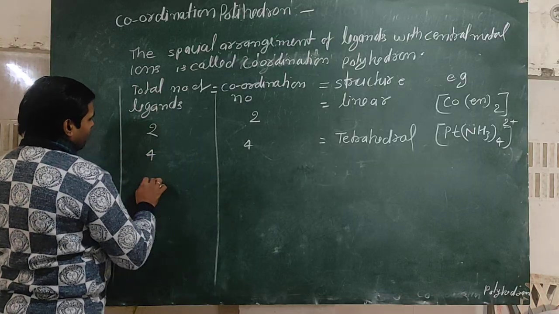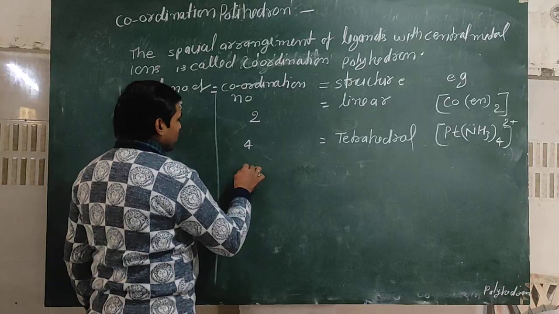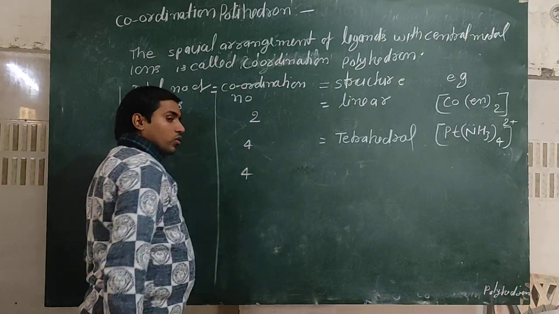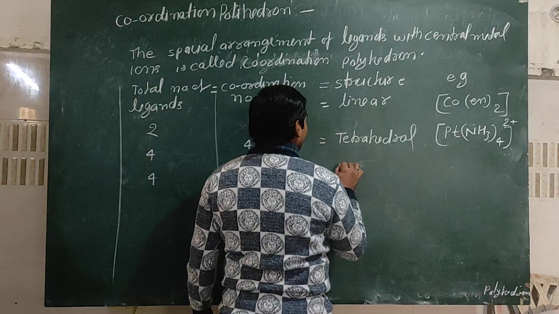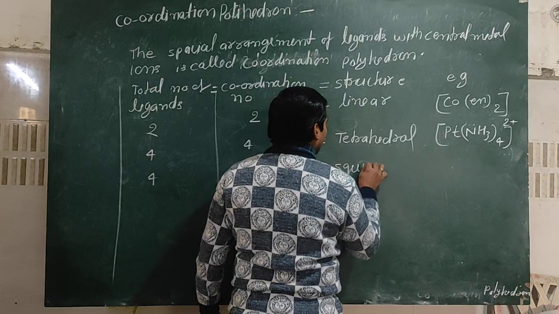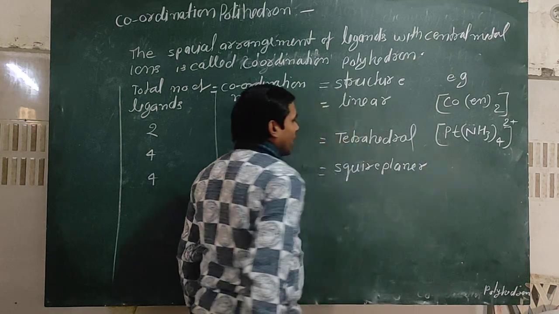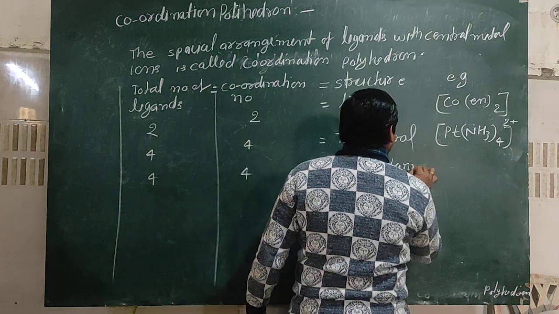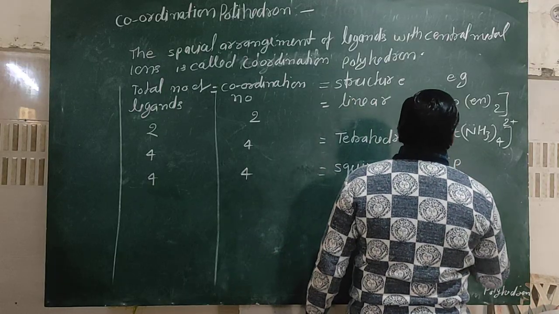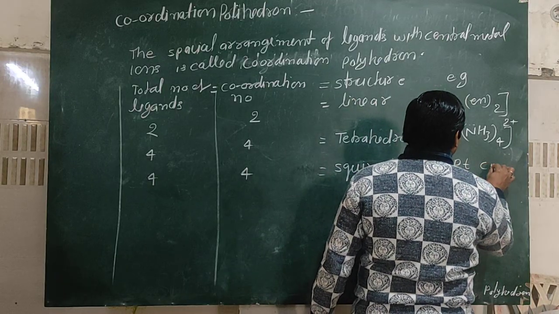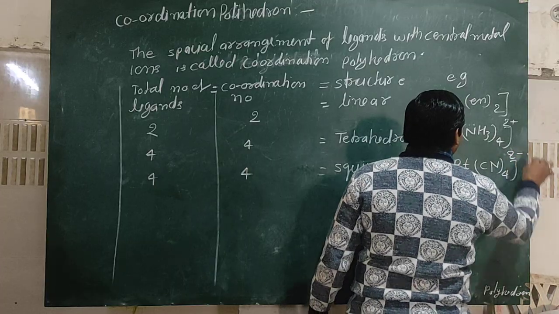If the total number of ligands is equal to 4, then coordination number is also equal to 4, but complex is square planar, because in this complex, like platinum, [Ni(CN)4]2-.